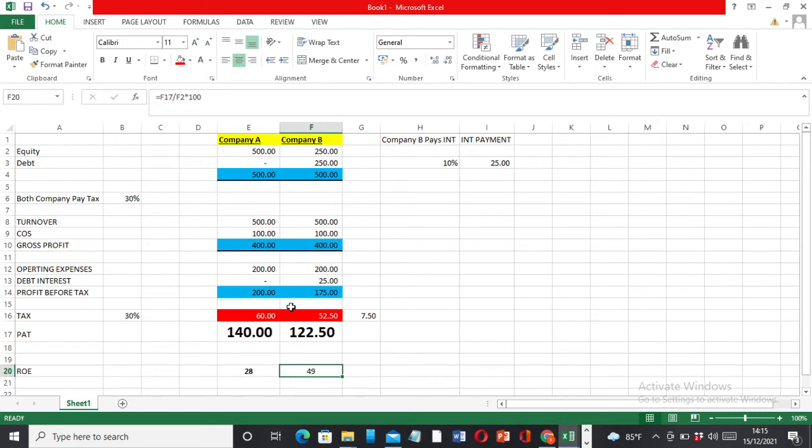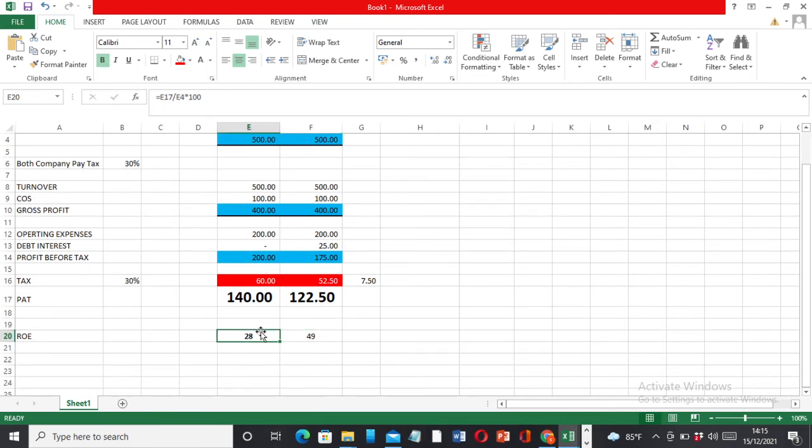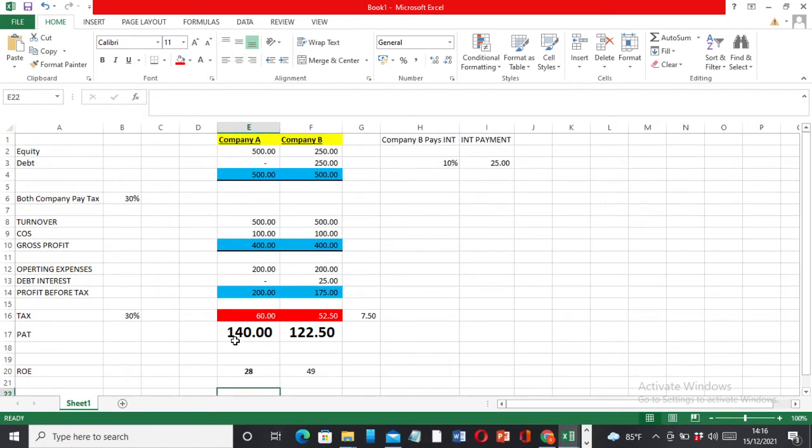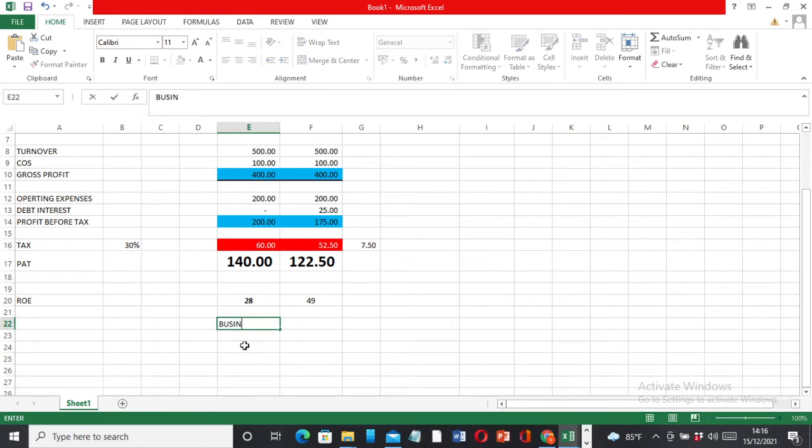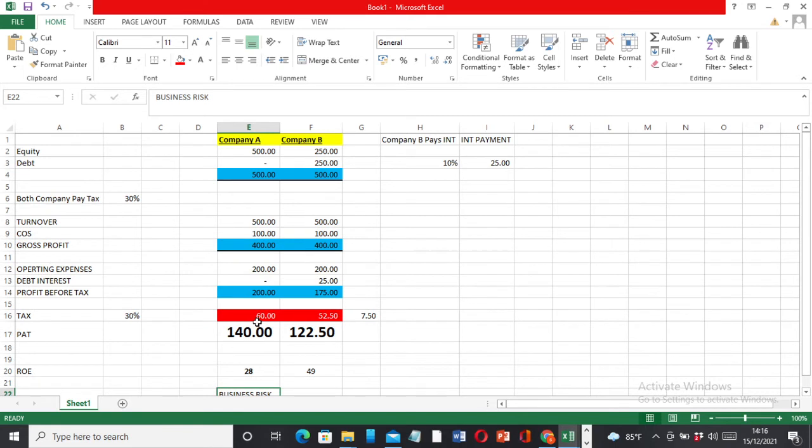But there's one thing that you have to notice. This 28% is a shareholders earning, and this 49% is a shareholders earning. At 28%, company A has only a business risk. Let's say these two companies are in the hotel industry.